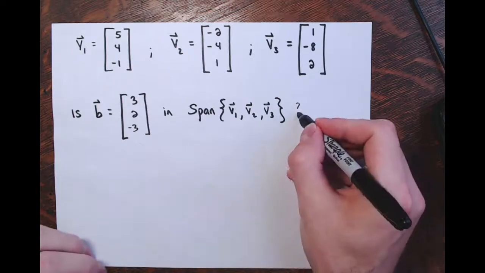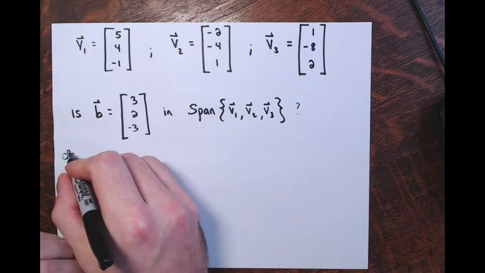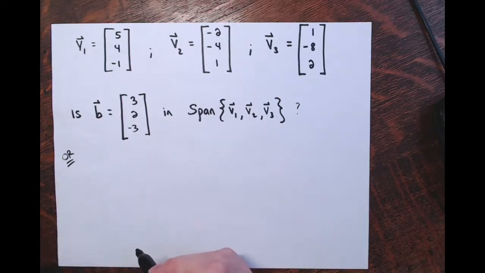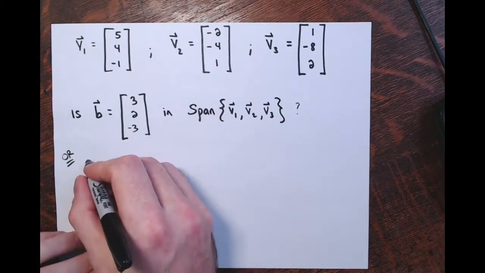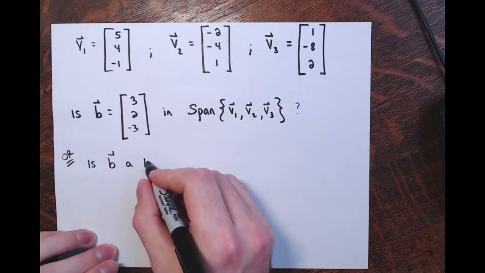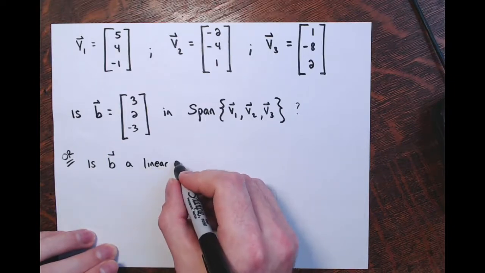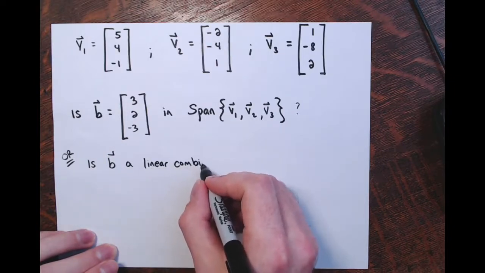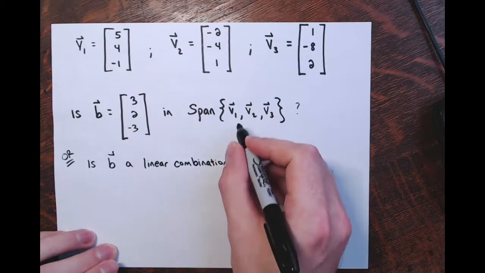So an equivalent question is: is vector B a linear combination of these three vectors?